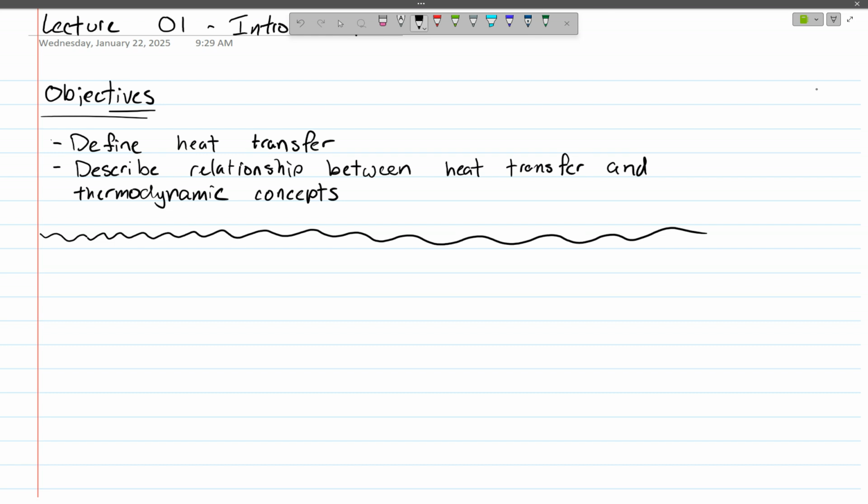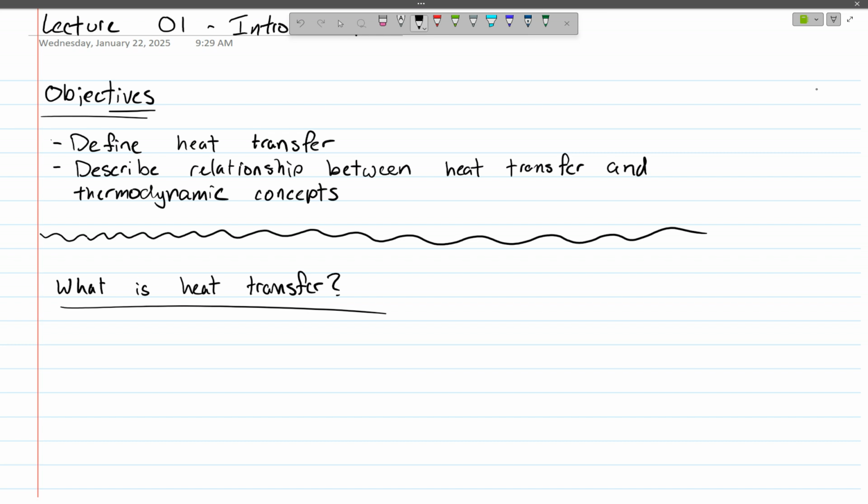All right, so start by asking the question, what is heat transfer? Well, we've talked about what it applies to, why it's important, but how do we actually define it?